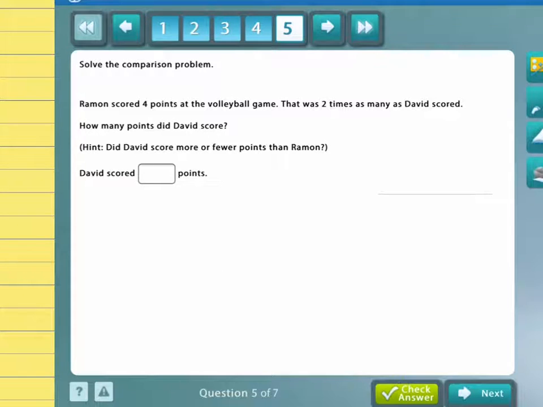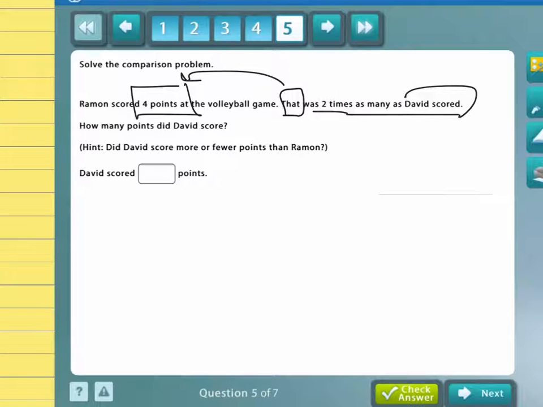Now this kind of problem is multiplicative comparison because it's saying Ramon scored 4 points at the volleyball game. That meaning his 4 points was 2 times as many as David. So who scored more? Did David score more or less than Ramon? Well, Ramon was 2 times as many as David. So if I draw my multiplicative comparison, that is Ramon.